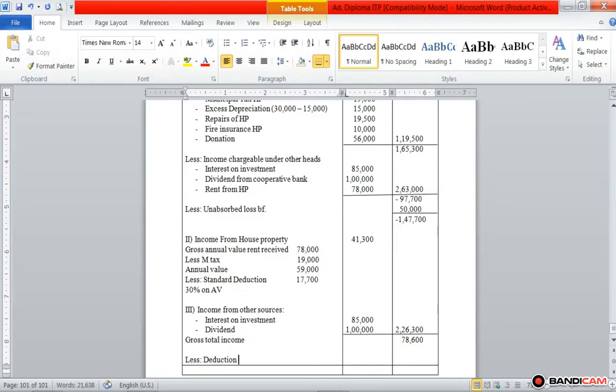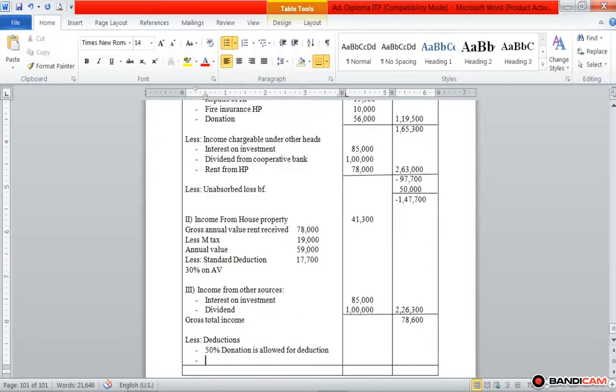Then we deduct, less, deductions. So deduction in respect of donations. Here the donation is given to a charitable hospital, which means 50% of the donation is allowed for deduction.